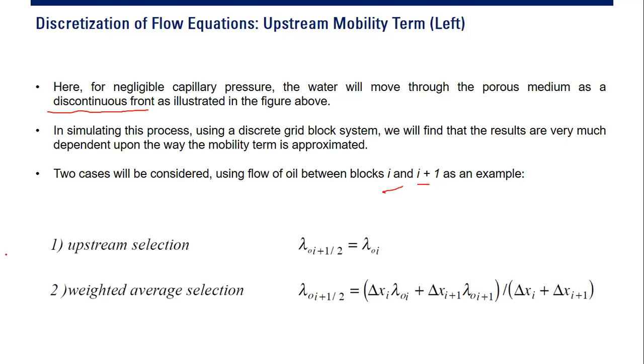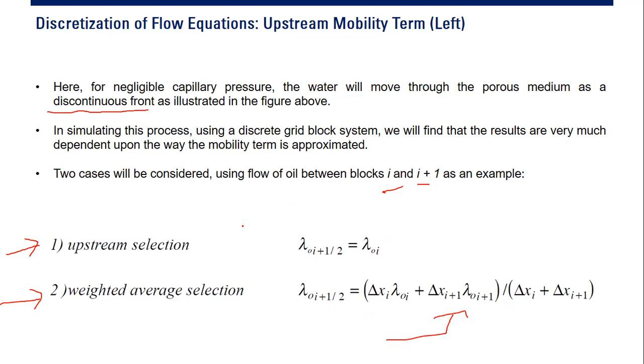First, we have upstream selection, so the mobility of oil at I plus half equals the mobility of oil at I. And number 2, weighted average selection, so the mobility of oil at I plus half is calculated using this equation.